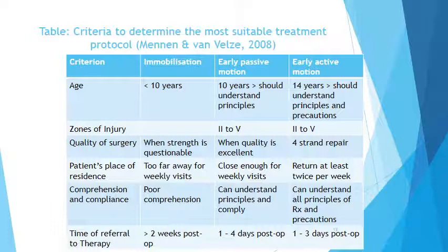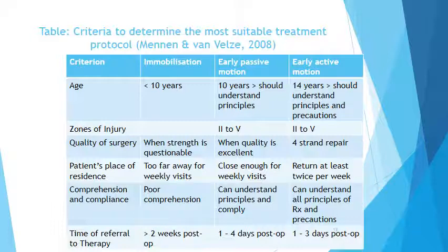Also if they live too far away for weekly visits, there's poor comprehension, or there's been a delayed referral to the hand clinic or your practice of more than 2 weeks, you already know that the tendon has adhesions that are limiting movement. So when can we consider using early passive motion protocols?